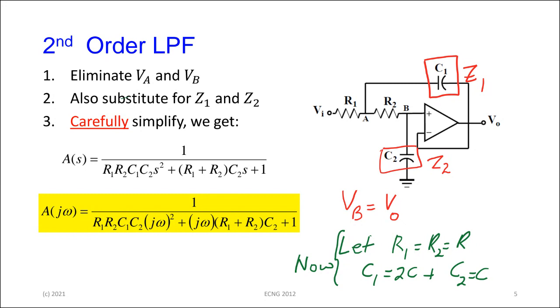This is going to crop up in a little problem set coming up shortly, to prove that when you do all of that, you're going to get the answer down here, right? And I'm saying carefully because there's a lot of algebra to do, to write it over, to simplify it, to substitute, and to make sure you don't make any errors.